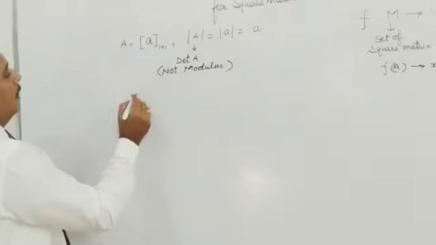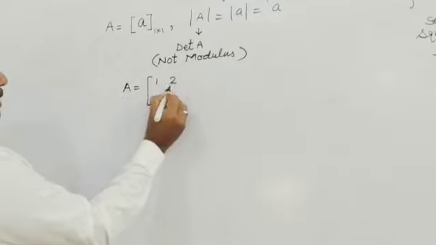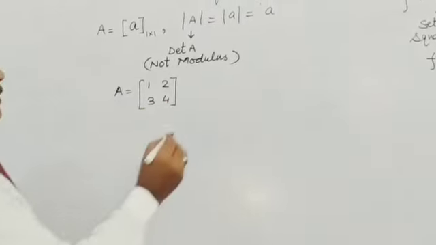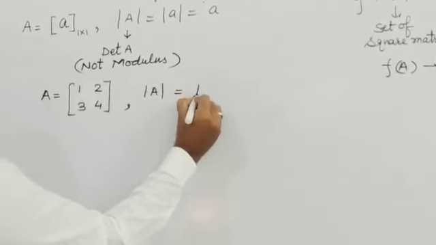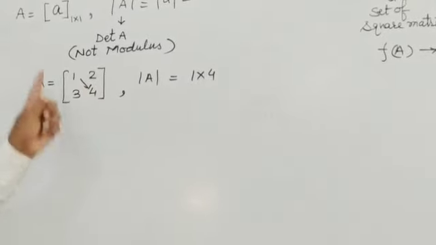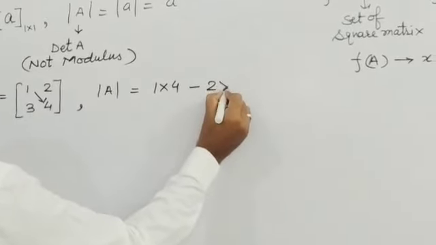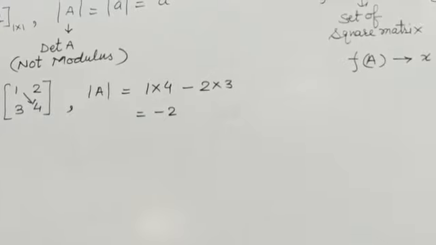Okay. Now, if A is a 2 cross 2 matrix, then the value of determinant A can be found by multiplying the main diagonal members, then a subtraction sign, then the other diagonal members. So after solving it, you are getting -2.